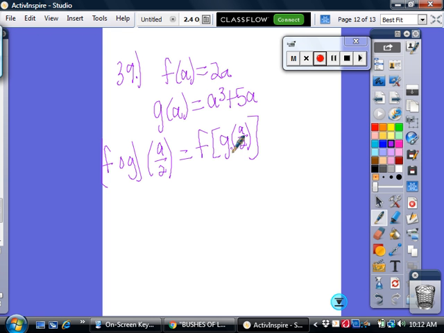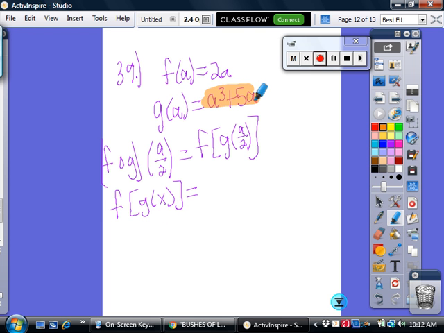Aren't they fun? Fractions are so much fun. All right, let me do the composite function, then I'll do it the easy way. Just plug it in, okay? To find f of g, what function am I plugging in? g.